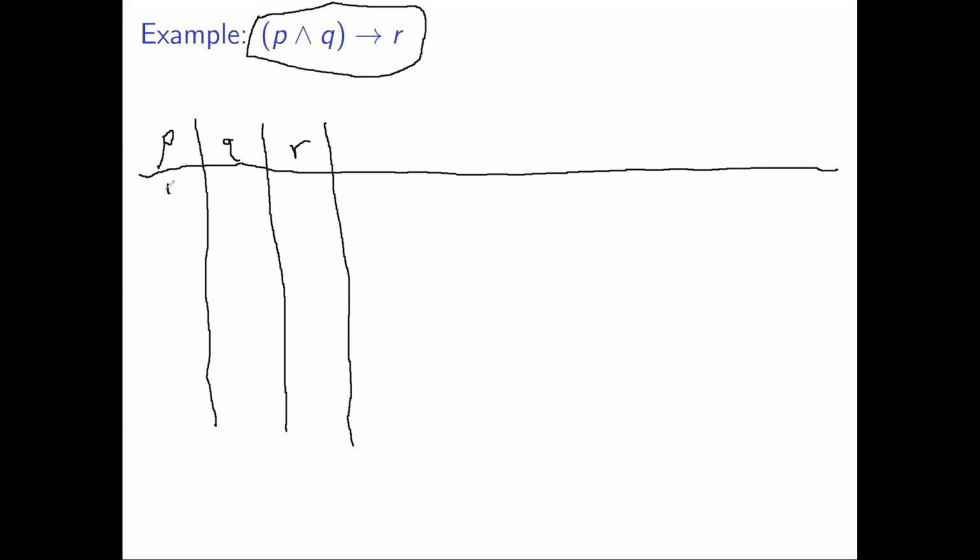So we can start with TTT. And we can really write these in any order. I'm just choosing this order. And notice again, we have three propositional variables here.